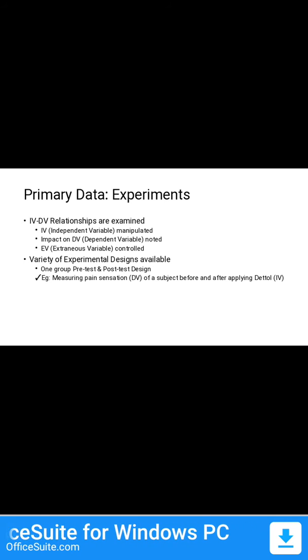So we look at the impact on the dependent variable whenever there's a change in the independent variable. So by manipulation of independent variable, we mean changing of the values of the independent variable, and we keep on tracking the impact on the dependent variable, keep on recording and noting down the impact on the dependent variable once we change the independent variable.